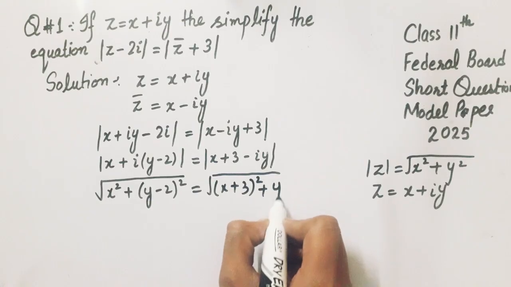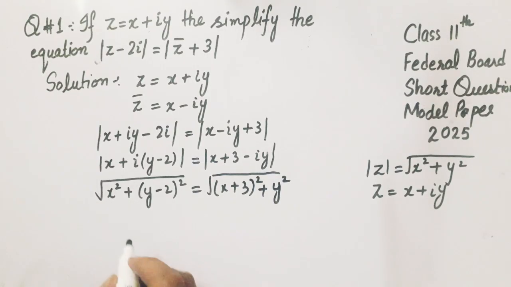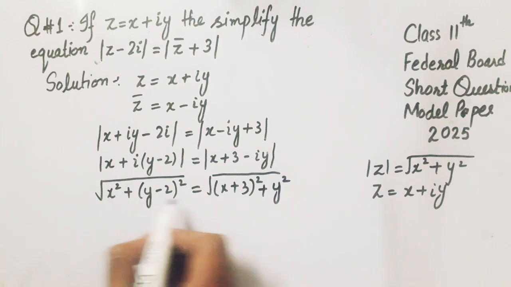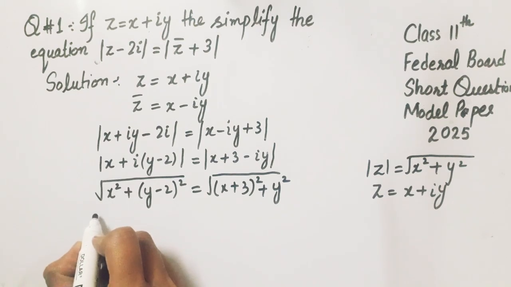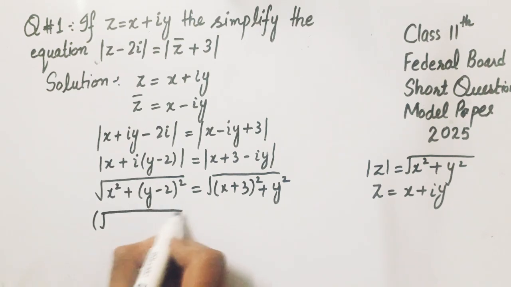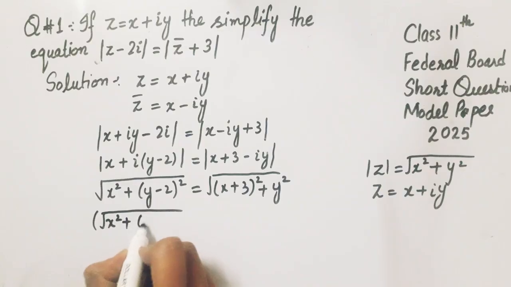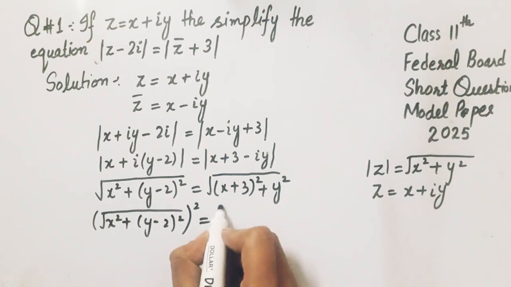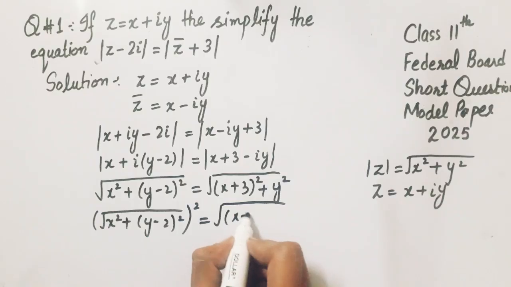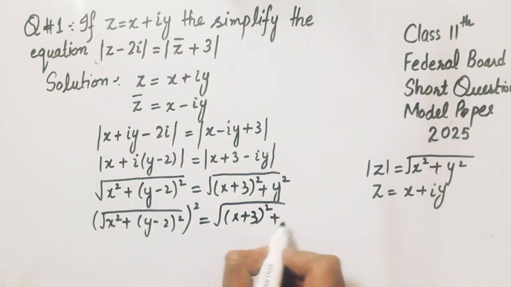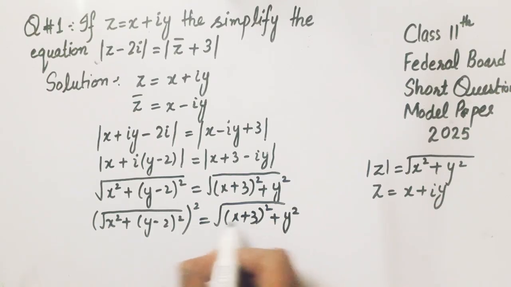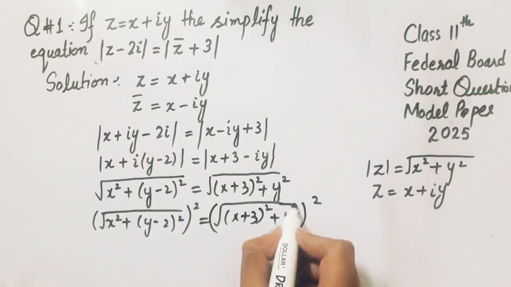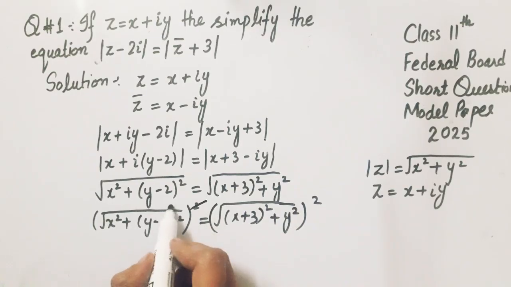Now taking the square on both sides, we will have x square plus y minus 2 square whole square and x plus 3 square plus y square whole square. Now this square is cancelled by this square root and this square is cancelled by this square root.